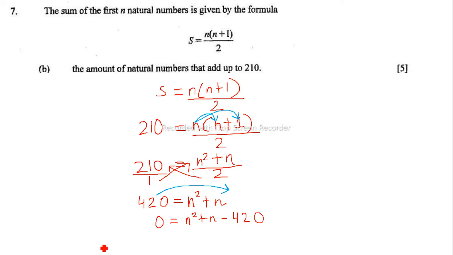So it's going to be n squared plus n minus 420 equals 0. And now we're going to solve this quadratic equation using the quadratic formula.